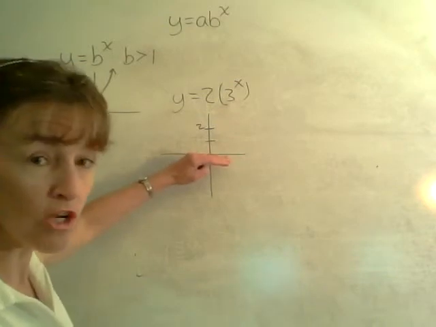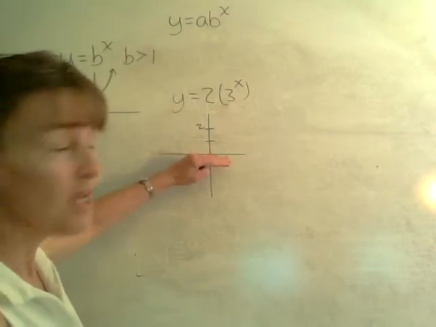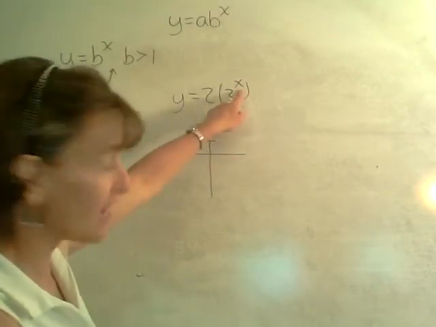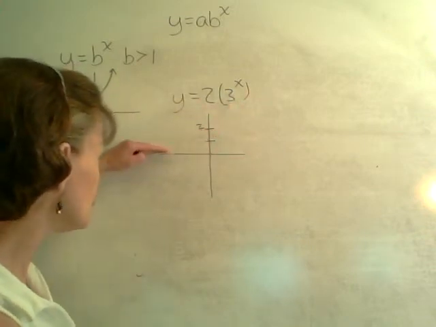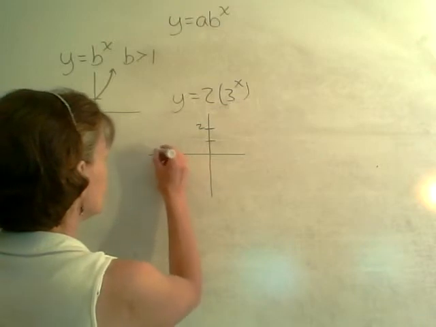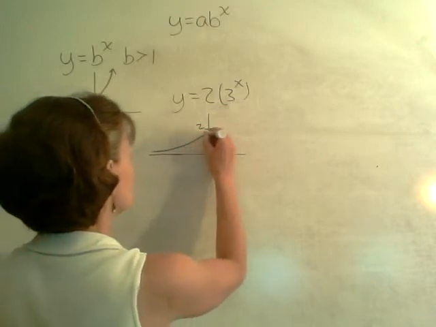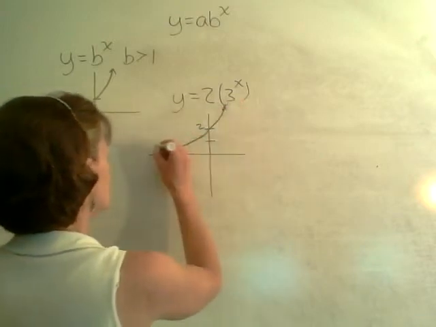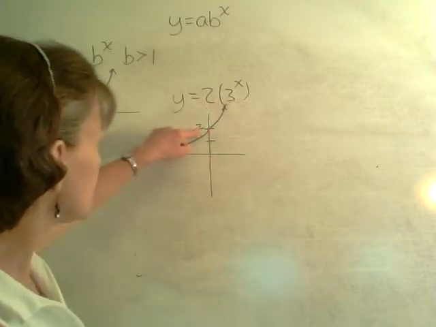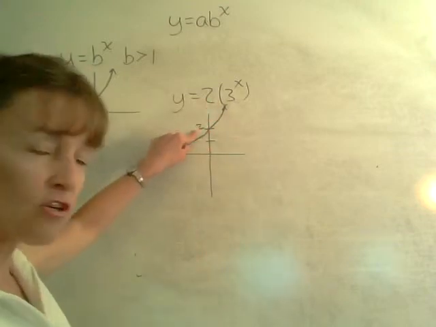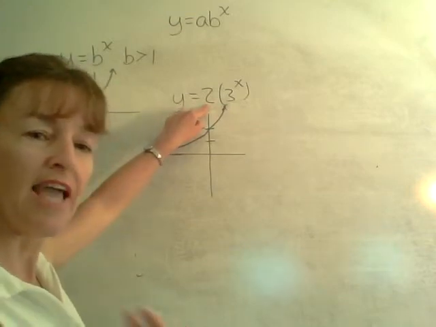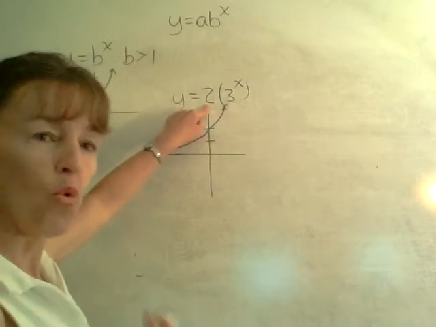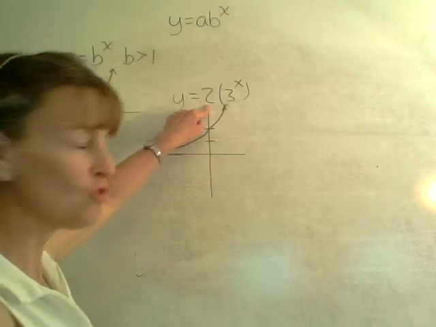The asymptote is not going to move because the more negative x gets, the smaller this number gets, the closer to 0 it gets. It's never going to be negative, but it's always going to get closer and closer to 0. The curve is still going to go up, but instead of going through the point (0, 1), it now goes through the point (0, 2). So we say that 2 is an initial value. Where does the curve start? What's the initial value?